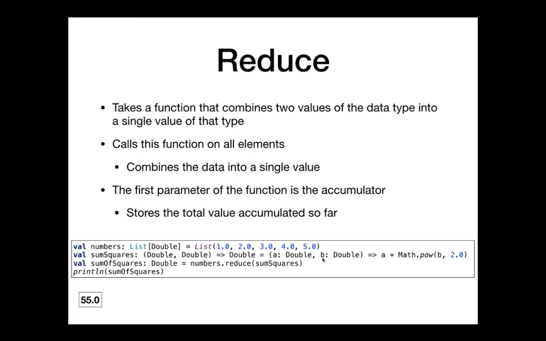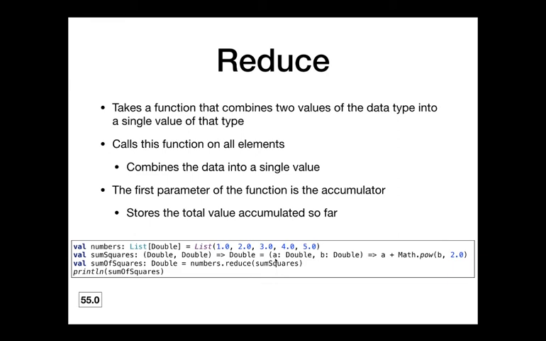So what reduce does is first set the accumulator to whatever 0 is for the type that you give it. So here, doubles, so I'm going to get 0.0. That's going to be my initial accumulator variable.